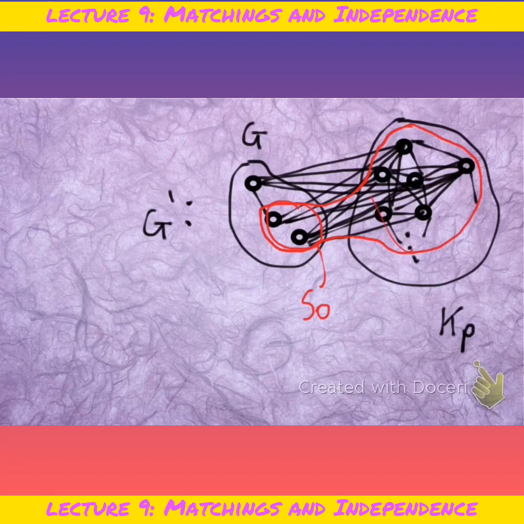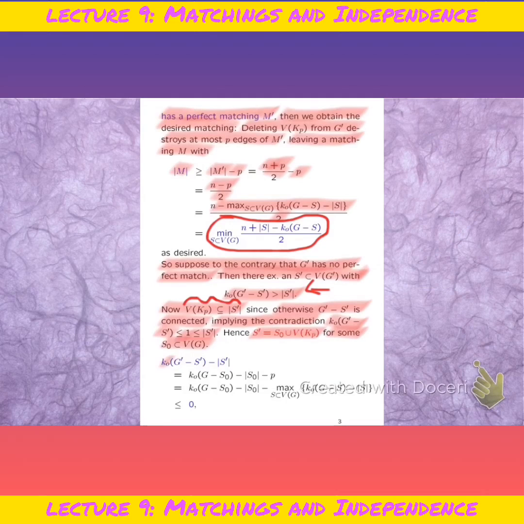So let's work out the cardinality. The odd components of G prime minus S prime are going to be the same as the number of odd components of G minus S0, minus the cardinality of S prime, which is going to be the cardinality of S0 plus P, and you take the minus of that.